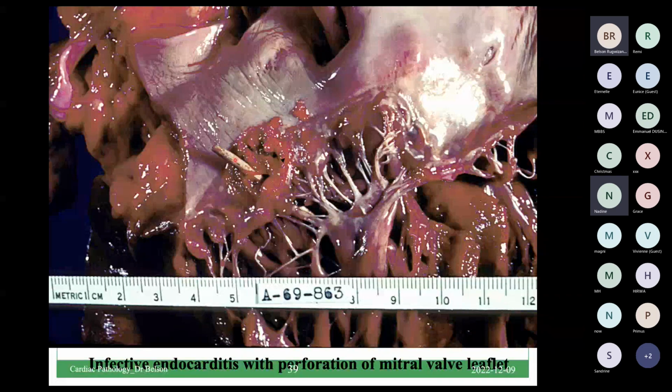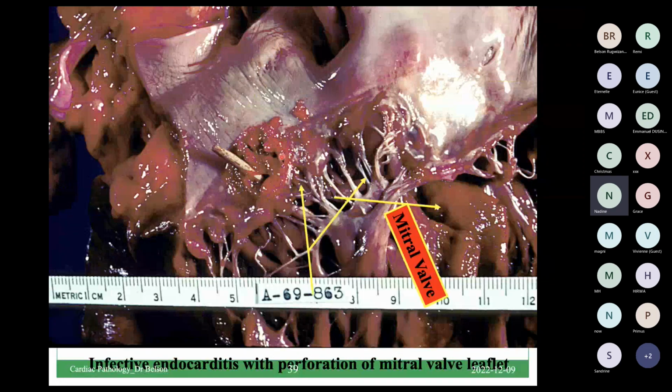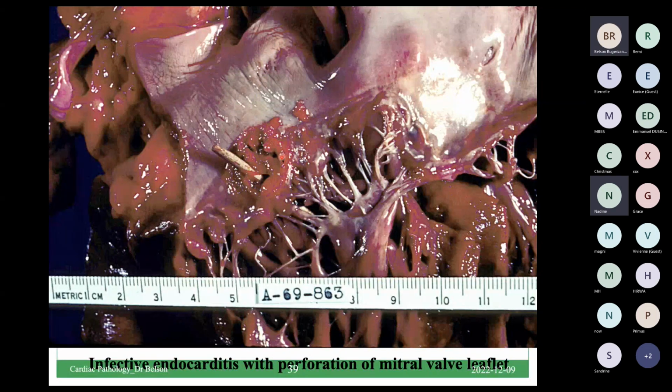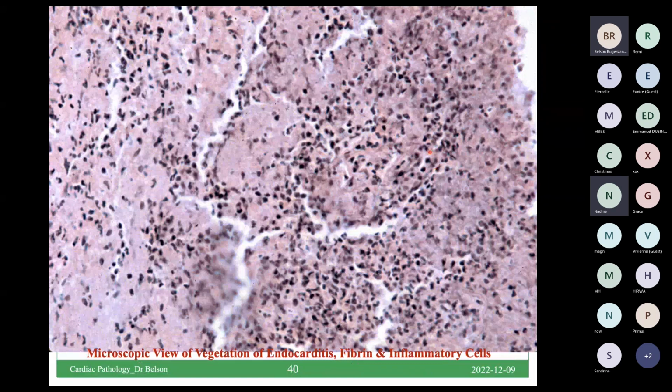So ahantu banyujije agati bakajomye habayemo perforation, and in these vegetations which are irregular. So, and this is just a mitral valve itself. So it has vegetation. So this is on histology. These blackish dots you are seeing, they are nuclei of inflammatory cells.